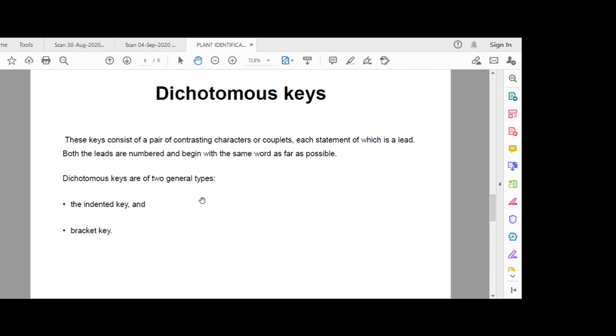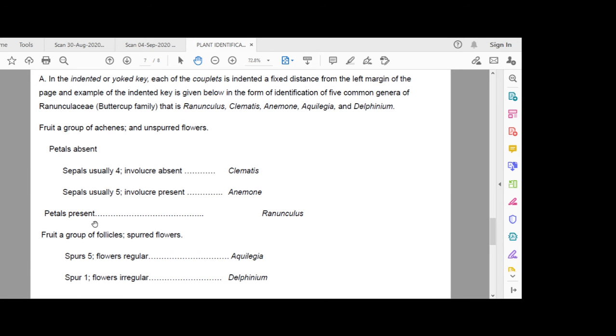Dichotomous keys are of two types, indented key and bracket key. We will discuss this in detail. In the indented key or yoked key, each couplet is indented a fixed distance from the left margin of the page, like this.